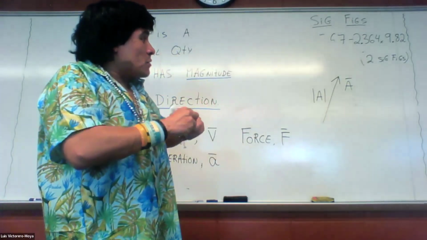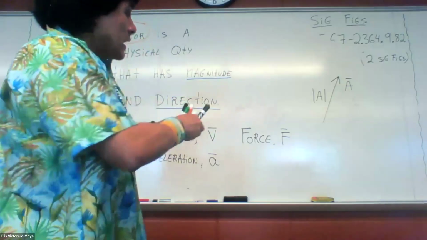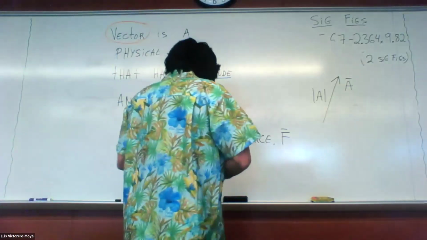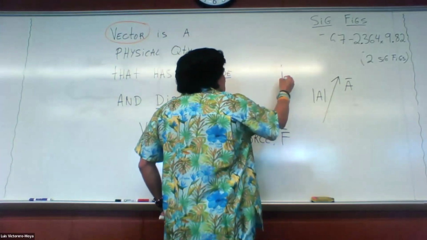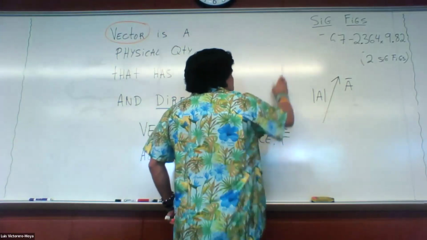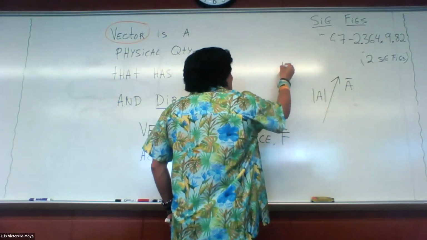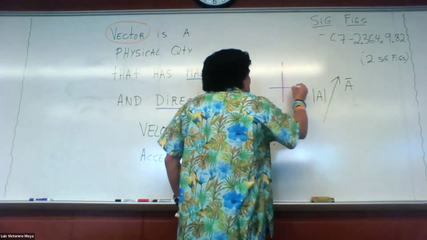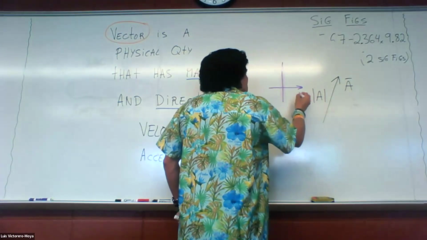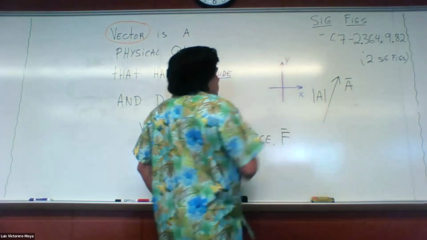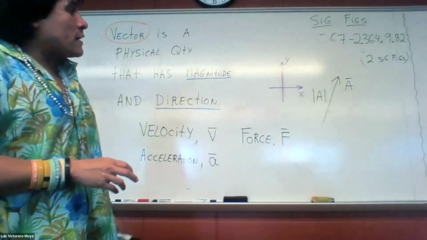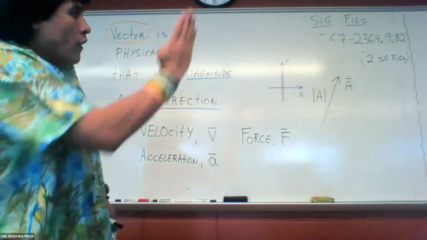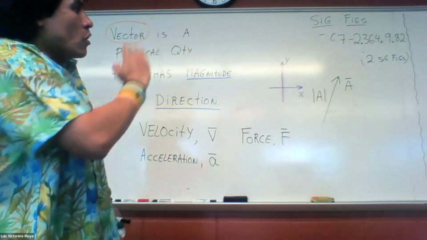Now, in terms of direction, right? If you see the vector like that, our reference is always going to be the x and y axis like this. X and y. So if that's our coordinate system, that vector has direction first quadrant north of the x-axis.